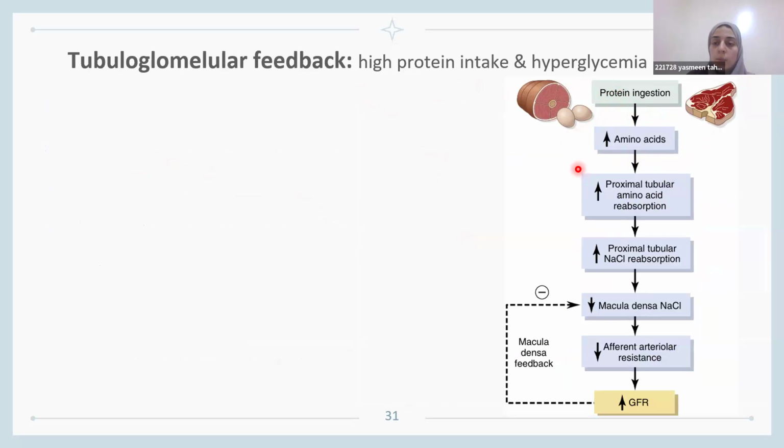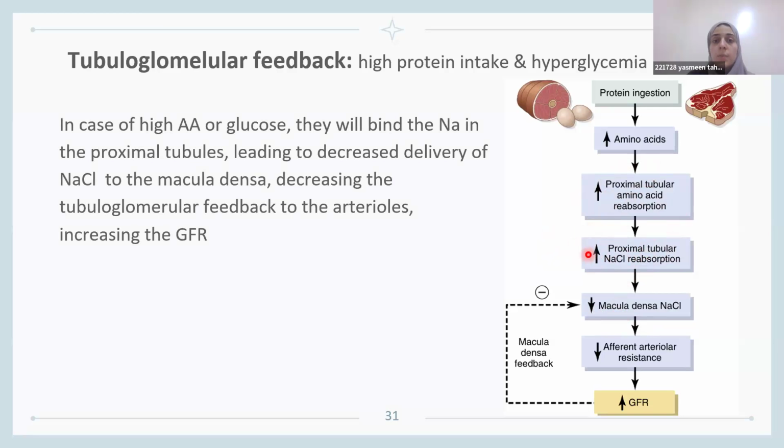And again, the macula densa is in the distal tubules. So if the amino acids are binding the sodium chloride and the sodium chloride is absorbed already in the proximal tubules, they will deliver less sodium chloride to the macula densa in the distal tubules, and the afferent arteriole resistance is going to be less, and we will increase the GFR.